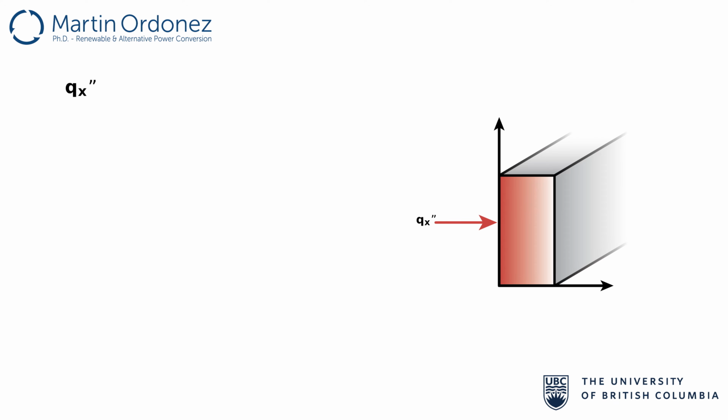Heat flux q_x double prime is equal to negative k times dT by dx, where the heat flux is directly related to the thermal conductivity, which is known as k, and the temperature difference versus x. The parameter k is a transport property known as the thermal conductivity and is a characteristic of the material.